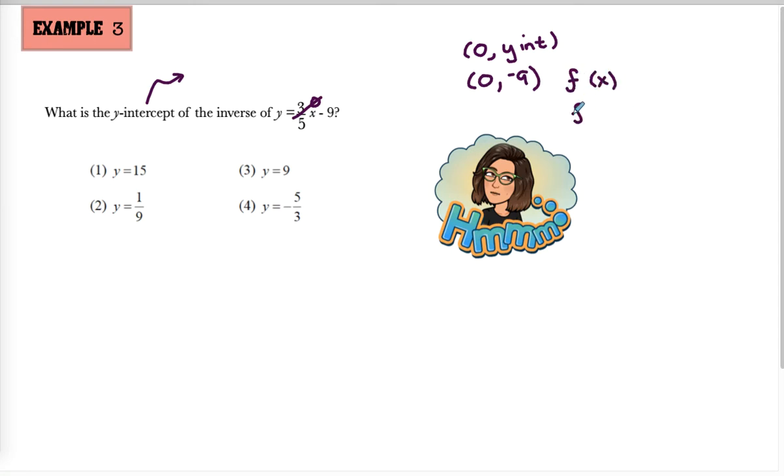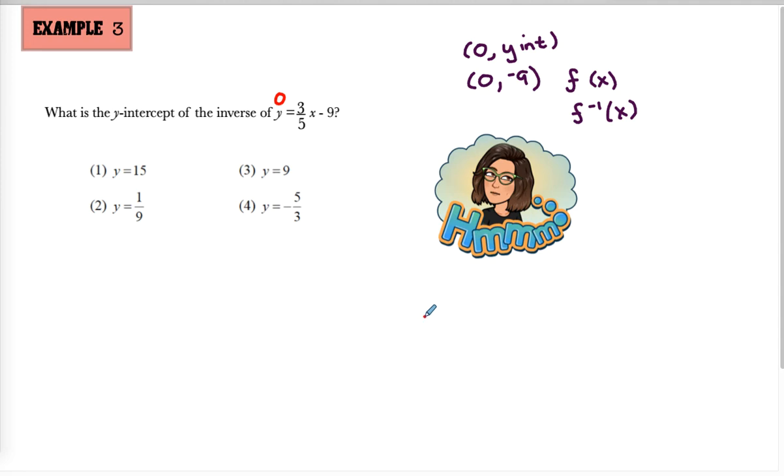I want the inverse of the function. So I can't put 0 in for x. The quick way would be to put 0 in for y, because when I reverse it, the x would be in the y spot.